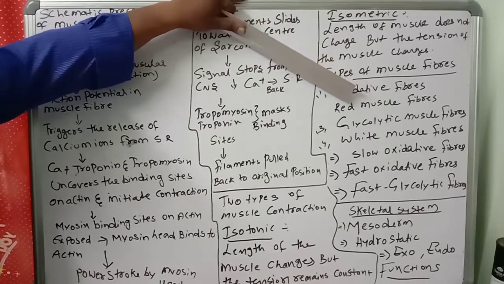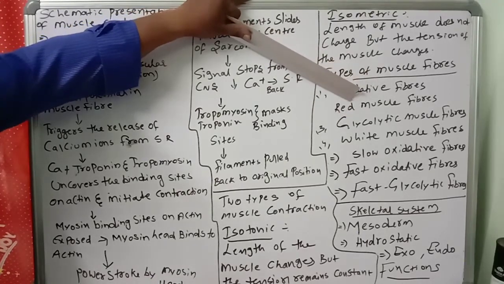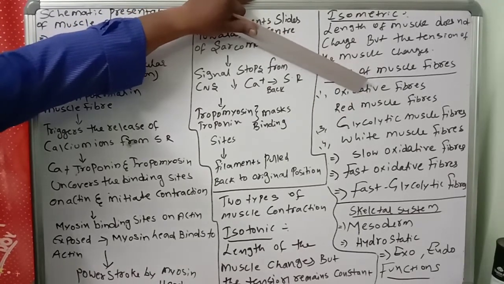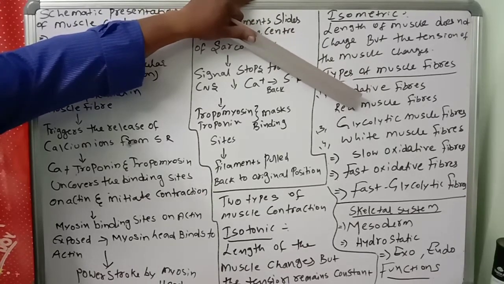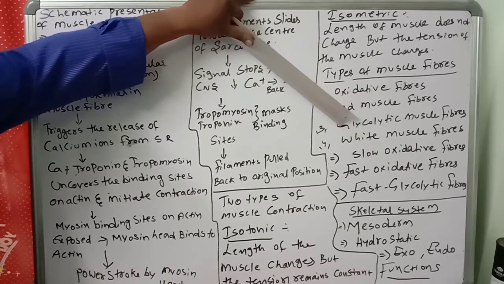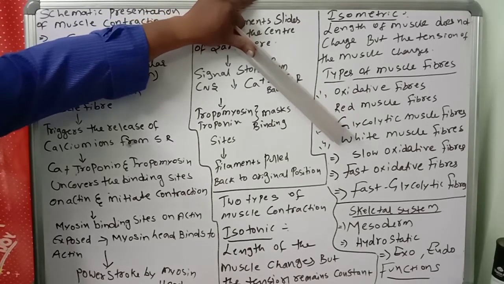Okay, the oxidative fibers are termed red muscle fibers. Fibers that contain few mitochondria and more glycolytic enzymes are called glycolytic muscle fibers. The lack of myoglobin means pale color, which means white muscle fibers.